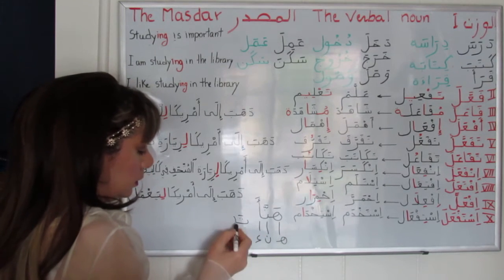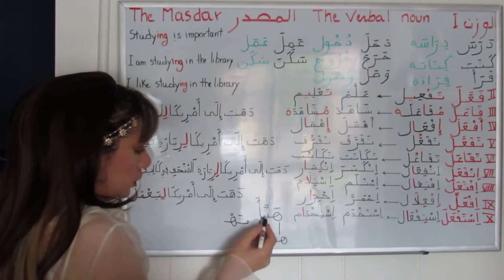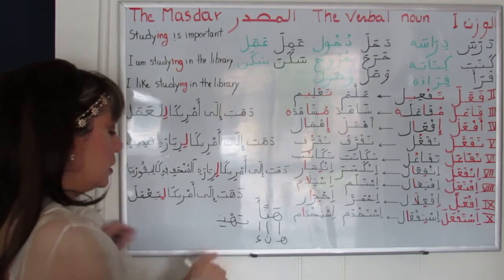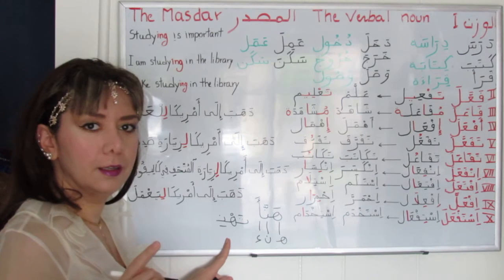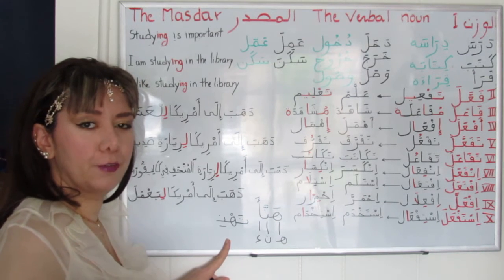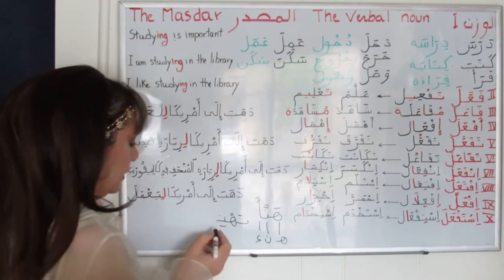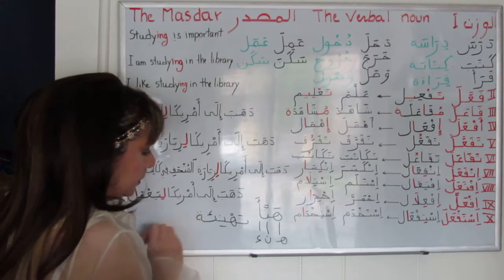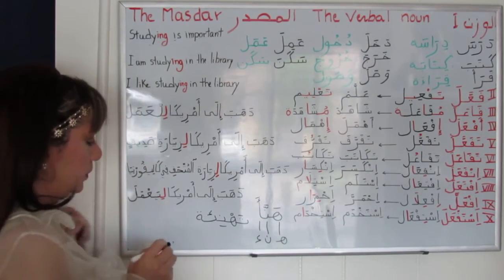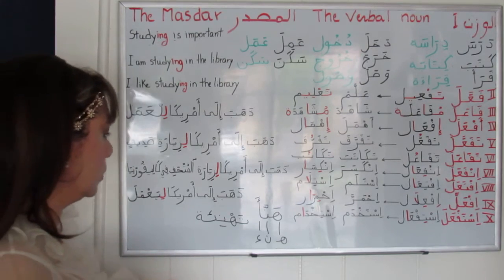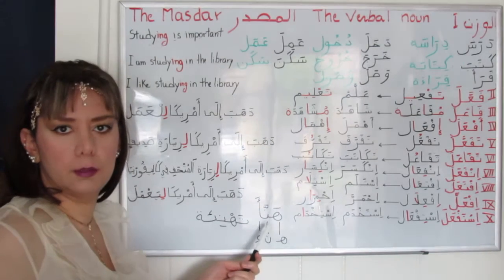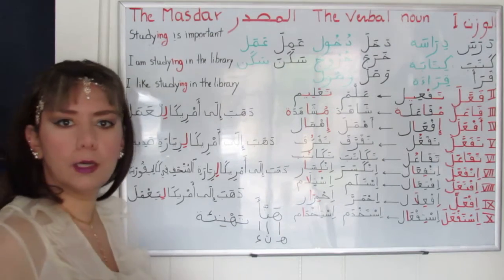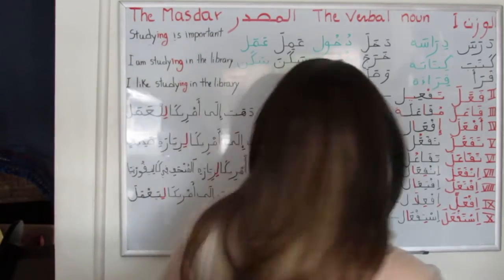Ta, ha, nun, ni, and we have hamza. Because hamza is preceded by kasra, what chair would we pick for it? A ya. It's more comfortable. Tahni'a. So hanna'a, he congratulated. Tahni'a, congratulation.